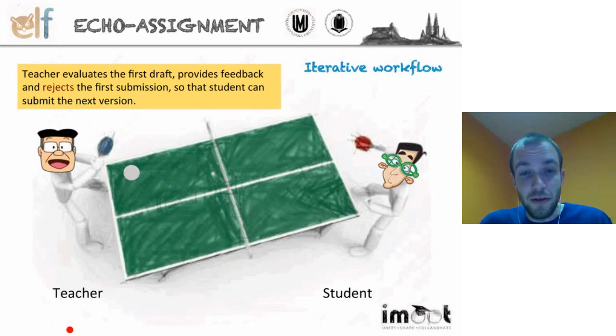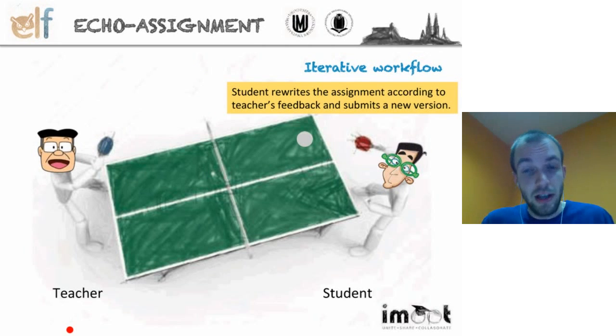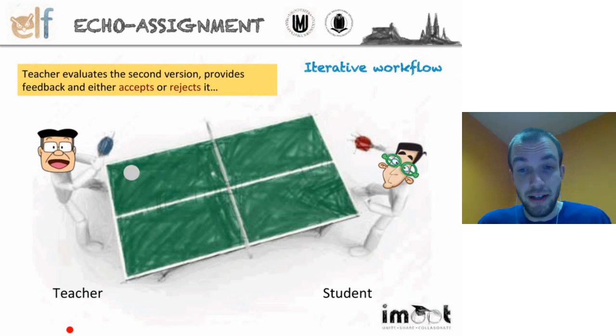So the student can then resubmit a revised version, a new version of the file or of the online text, taking into account teachers' feedback comments and other kinds of feedback. So the student revises the assignment according to the teacher's feedback and submits a new version. And again, the teacher evaluates the second version, provides feedback, and either accepts it or rejects it.